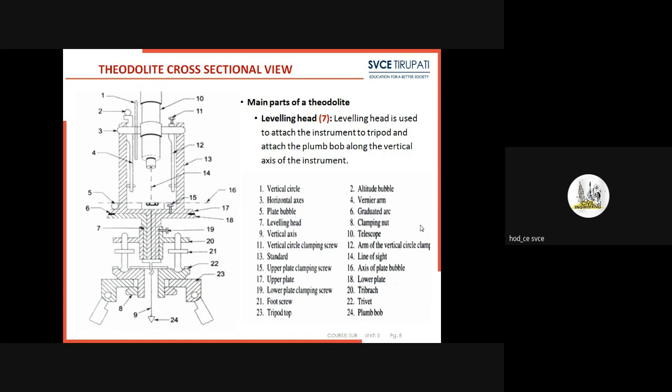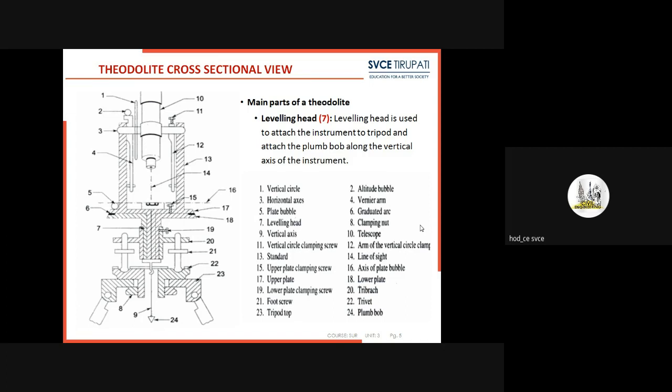That is one of the spirit bubbles, which we use when we are going to calculate the vertical angles. In that case, we need to center the bubble. Which bubble are we going to center? That is the vertical, number 2, right? And we have number 5 also, one of the plate bubbles.